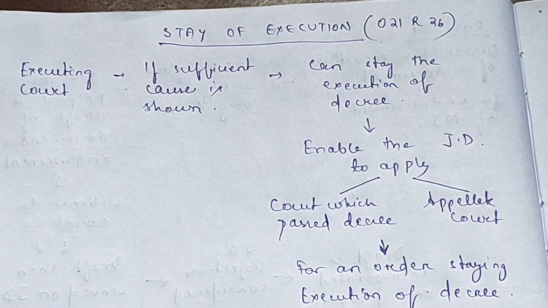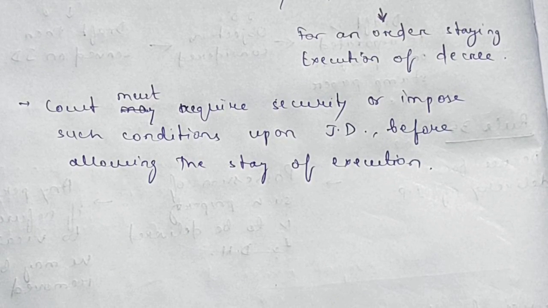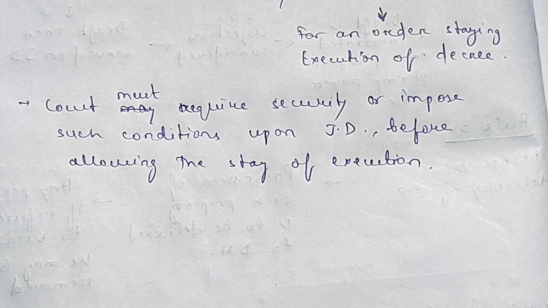Today we'll see stay of execution as laid under Order 21 Rule 26 of the Civil Procedure Code. It says the executing court, if sufficient cause is shown to it, can stay the execution of the decree, and it will enable the judgment debtor to apply to the court which passed the decree or the appellate court for an order staying the execution of the decree.